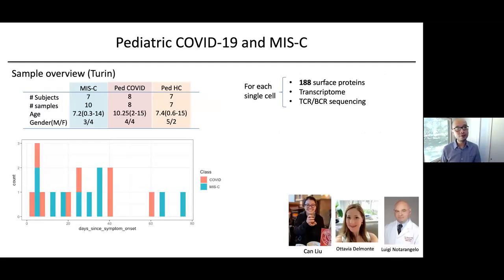So next, I would like to turn your attention to pediatric COVID-19 and also MIS-C. Here we have profiled relatively small pilot cohorts of these MIS-C subjects in pediatrics, with the goal of also comparing them to the adult data we have. We basically use the same approach here to look at these individuals.